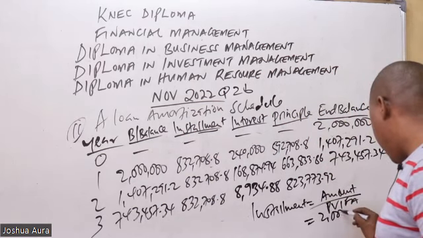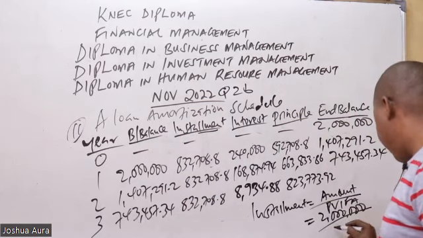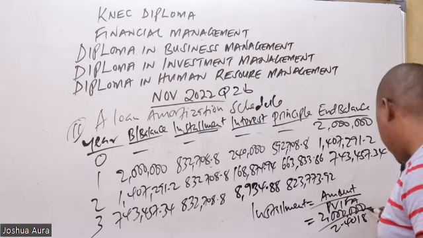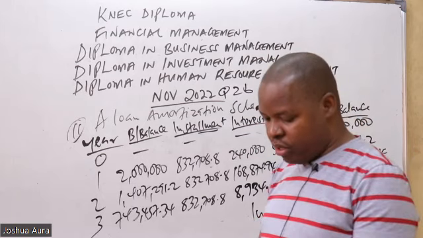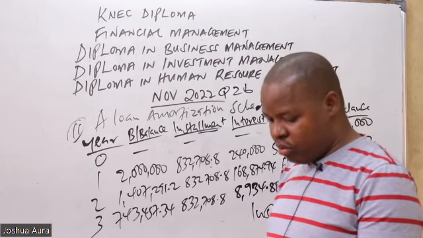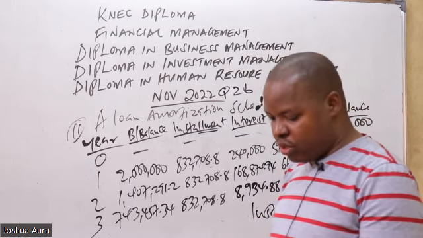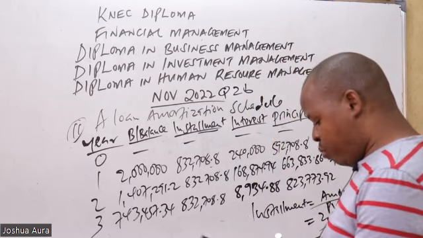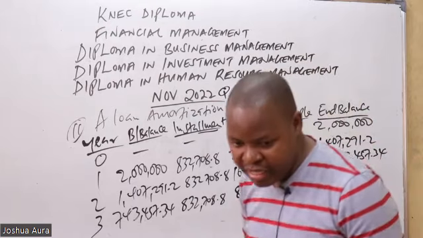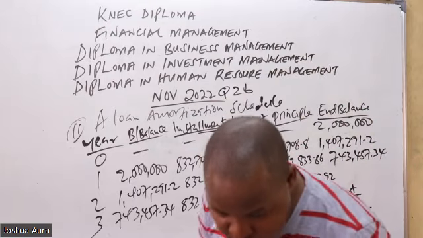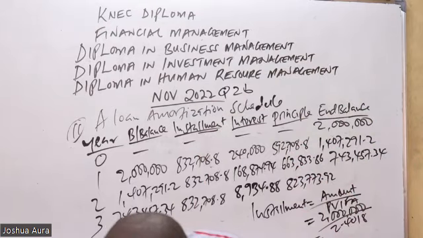The amount is 2 million. The PVFA was 2.4018. So 2 million divided by 2.4018. What are we getting?